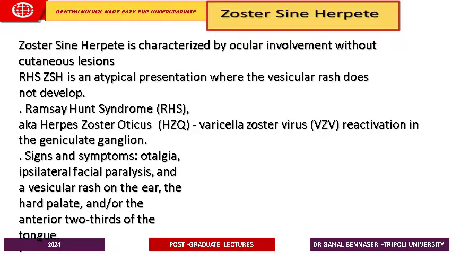So the patient will present with ipsilateral facial palsy and vesicular rash. Sometimes you find it around the ear, or also in the hard palate.